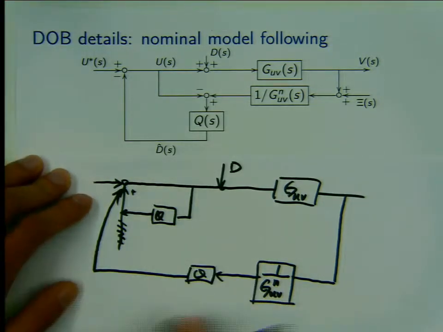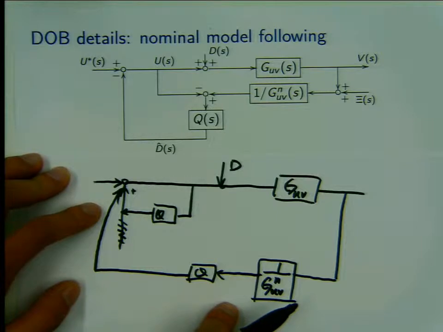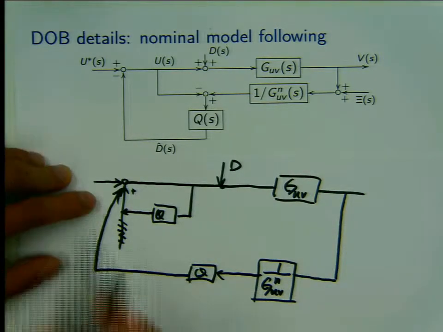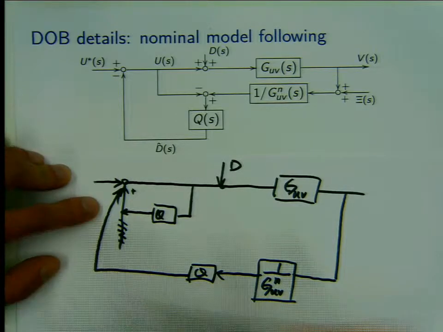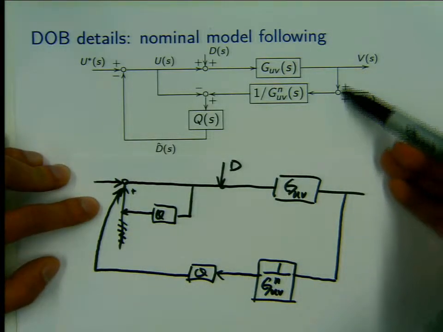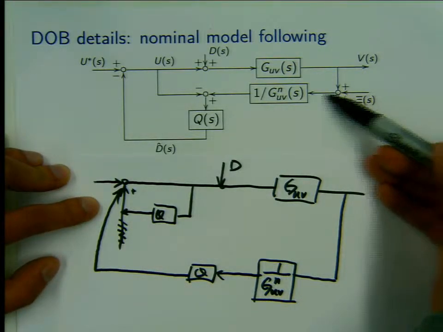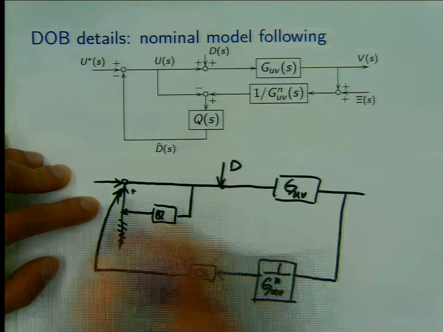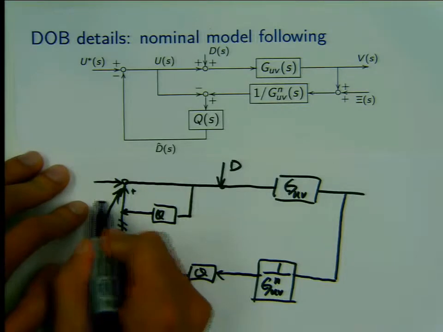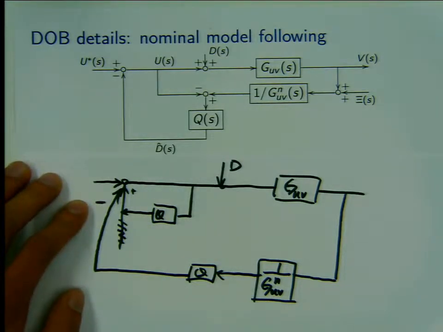Is this negative feedback or positive feedback? What sign should I put here? This is positive, so no change of sign. Positive, no change of sign. The negative. So it's negative feedback here. So these two are equivalent.